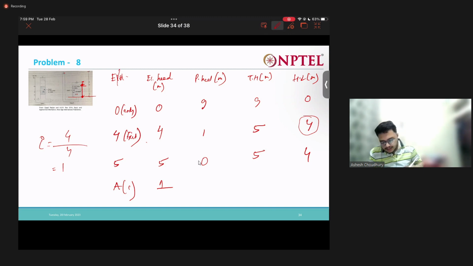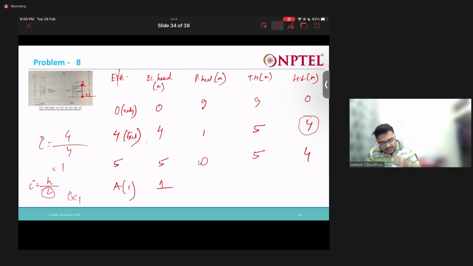Now I got the hydraulic gradient as 1. Now tell me, if my hydraulic gradient is 1, along 1 meter distance, say from 0 to 1, what will be my head loss? See, my i is nothing but head loss by length, right? So now I know my length. So from here to here, what will be my head loss? Nothing but i into 1.